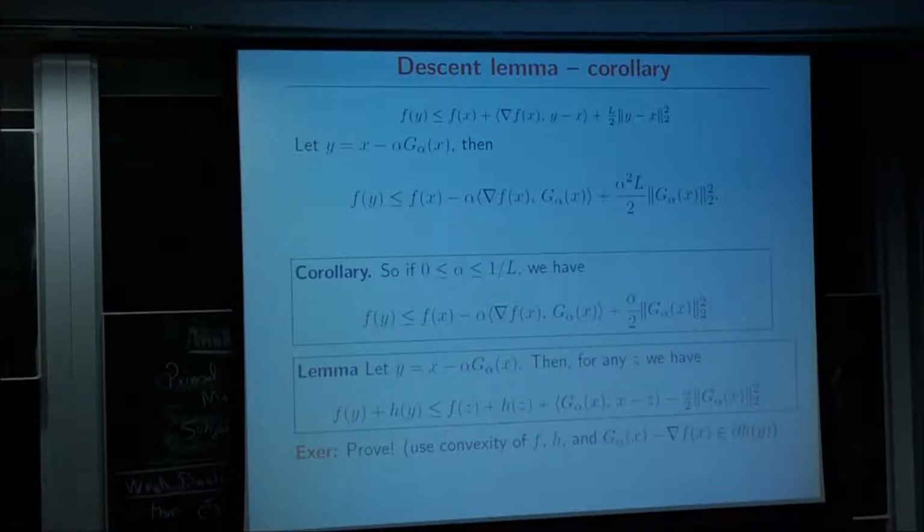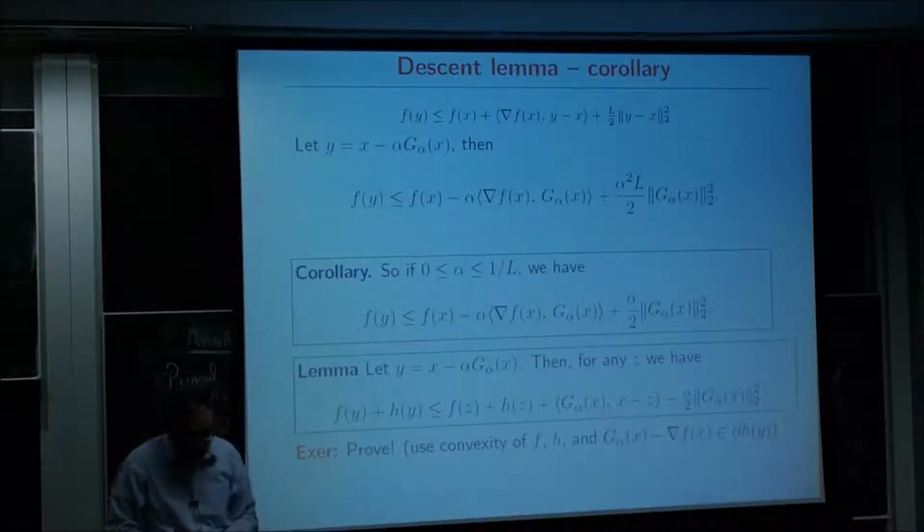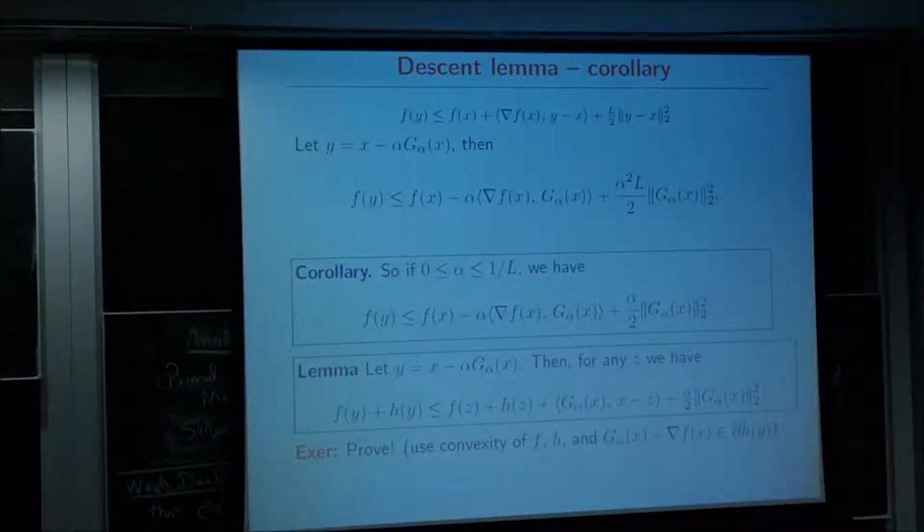And what it says is that for any z, phi of y is upper bounded by that quantity. This lemma now turns out to be very handy for us. I've written the word prove there because that lemma is best appreciated once you prove it yourself.